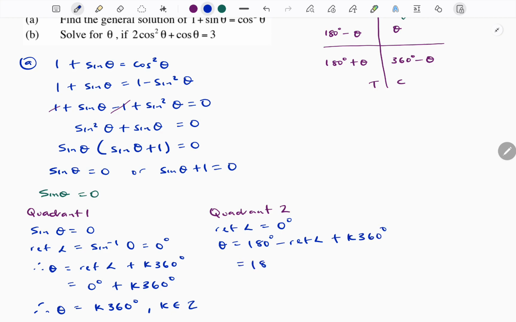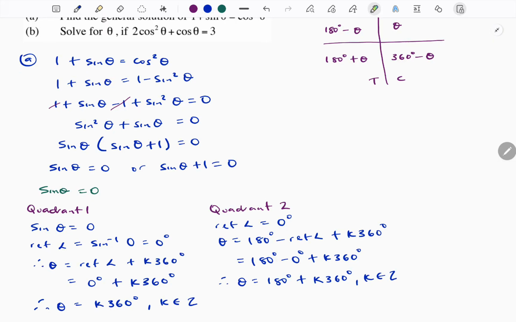That's equal to 180 minus 0 degrees plus k times 360. Therefore, my theta equals 180 degrees plus k times 360 degrees, where k is an element of the integers. So therefore, I've been able to solve for sine theta equals 0, and I got that for my first quadrant and the second quadrant.